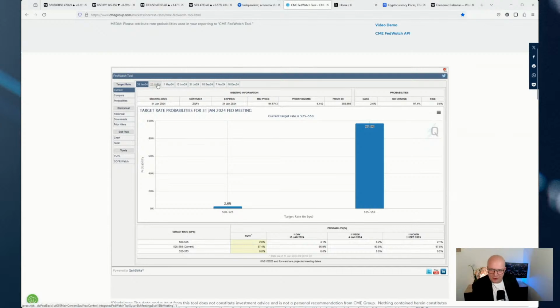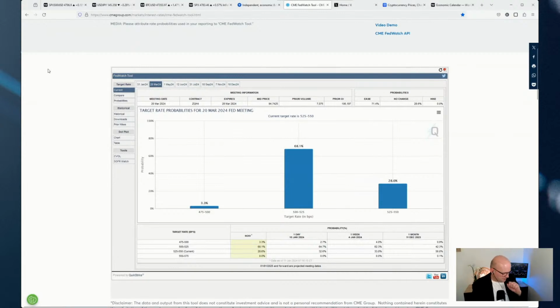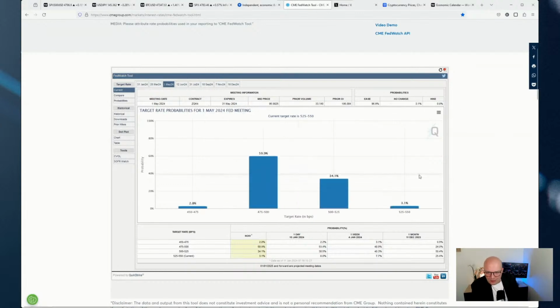If you go a little bit forward here, the next meeting is going to be in March. There we already have 68% of market participants expecting that the interest rates will be cut. And here in May, we already have 59.9% at the moment expecting that they will go below 5% again.